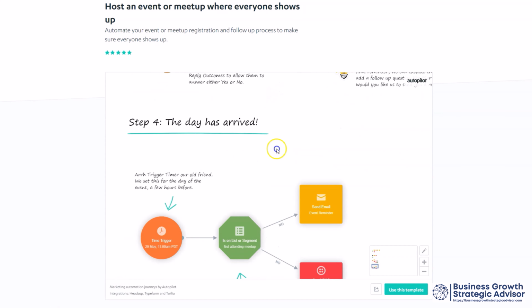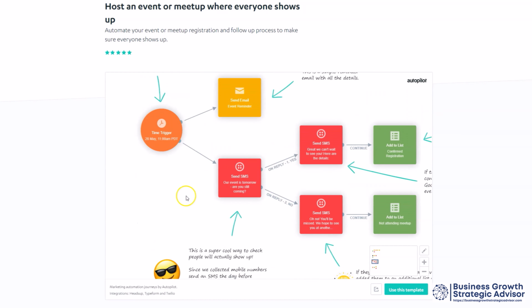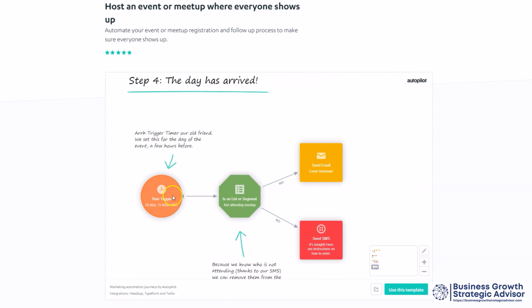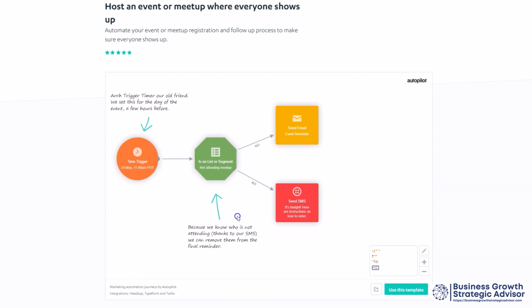And then on the actual day of the event, you've got a time trigger here, and that's a very important part of this for events, time trigger. Based on that, if they are on a list or segment, in this case, for example, not attending the meetup, pay close attention here. This list is the not attending meetup list.